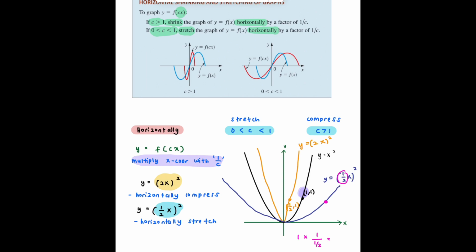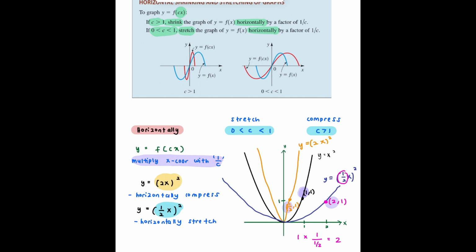So 1 multiplied by 1 over half is 2. So the point is 2, 1. Okay. This is 1, this is 2. This is 1. Okay, look at this one. The coordinate change is only for the x coordinate: half, 1 and 2. Y remains the same.